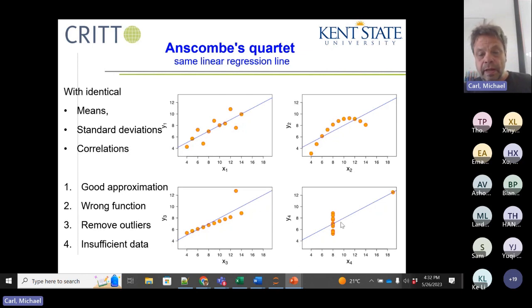And here we have another data set where it might be that we just don't have enough data points. Maybe if we collect more data points, these empty spaces here would be filled with other dots, or maybe not.